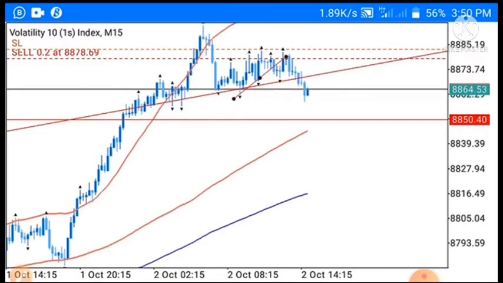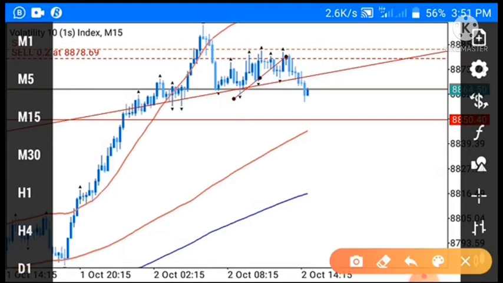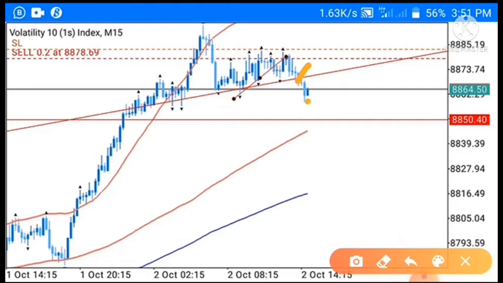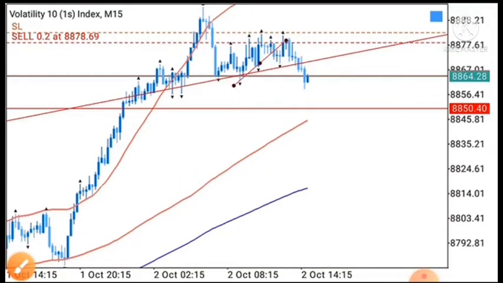15 minutes time frame. Now look at what we are expecting. We are expecting the market to break this trend line, and now the market has done that. Now we are hoping for a retracement back to somewhere around here. And let me quickly draw this. We're having this zone somewhere around here. There's a zone around here.